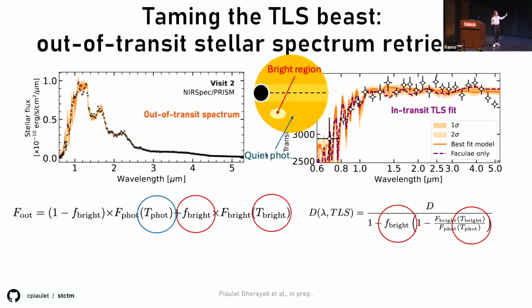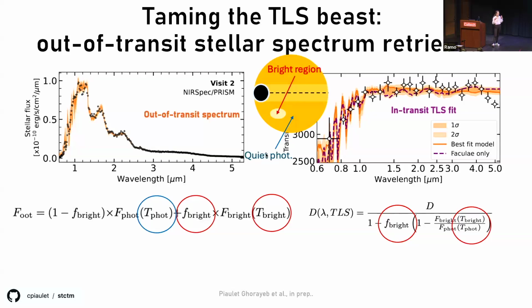If you model the out-of-transit stellar spectrum as a brighter component and the quiet photosphere component, and then you model the transit light source effect, they depend on the same parameters: the spectrum of your quiet photosphere and the spectrum of your brighter component.